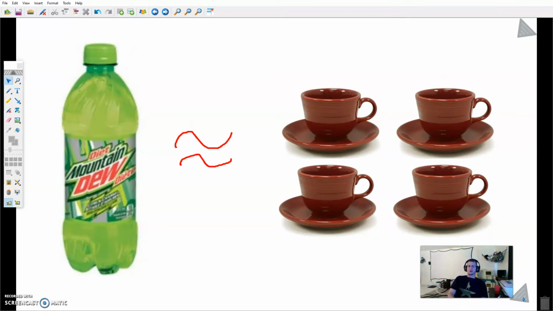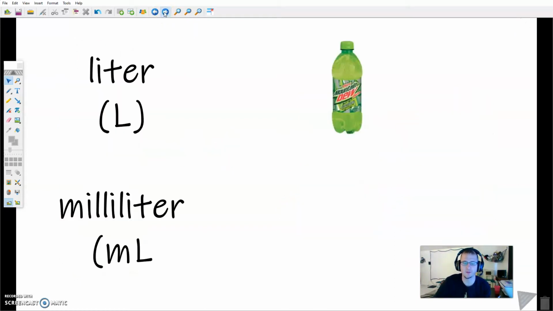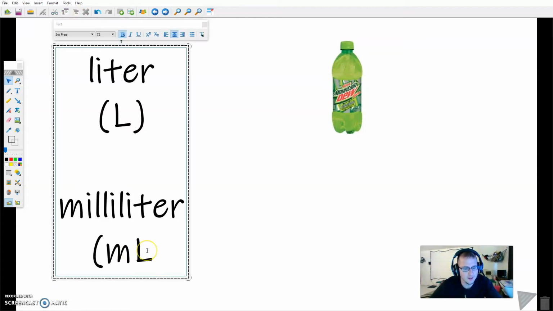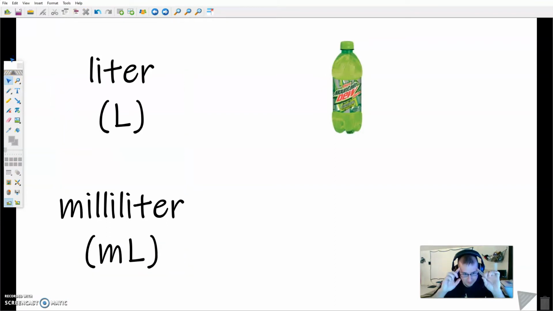So now that we've got in our mind a liter, let's talk about the other unit of measure we need to worry about this year. If a liter is about that gigantic bottle, then a milliliter, if you remember that milli, what does milli mean?